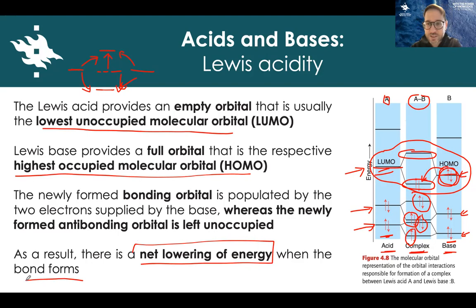So this is the description of this acid-base interaction by Lewis, forming this complex or this coordinate bond. This is why it happens from the point of view of molecular orbital theory: there is a net lowering of energy because the electron pair occupies only the bonding molecular orbital, and the anti-bonding molecular orbital is left unpopulated.